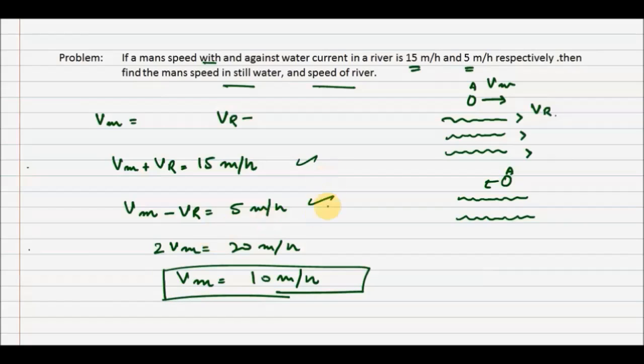Now, if I put this in either of these equations, I'll get the speed of the river. Putting it in this equation, I get 10 plus Vr equal to 15. That simply means Vr will be 15 minus 10, which is 5 meters per hour.